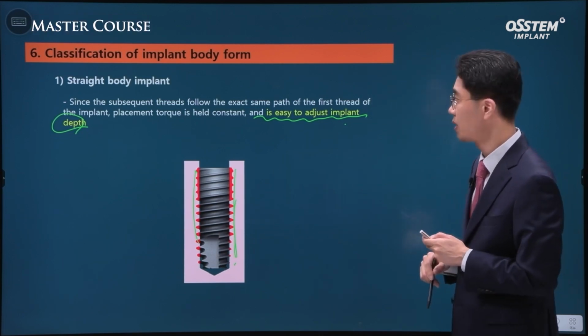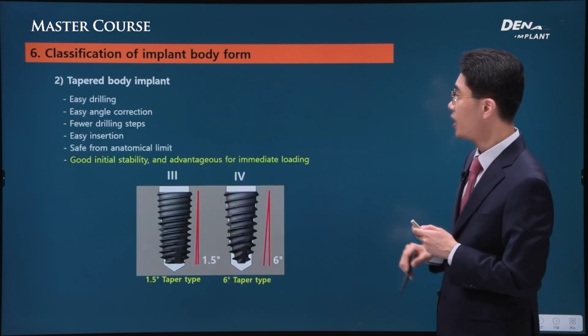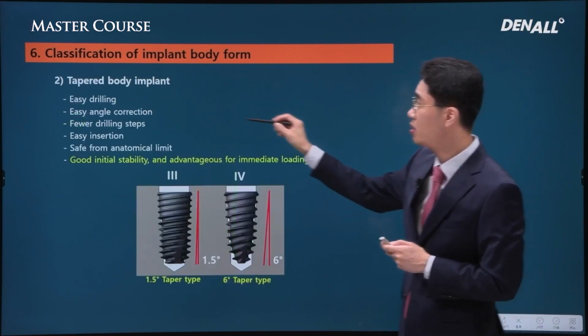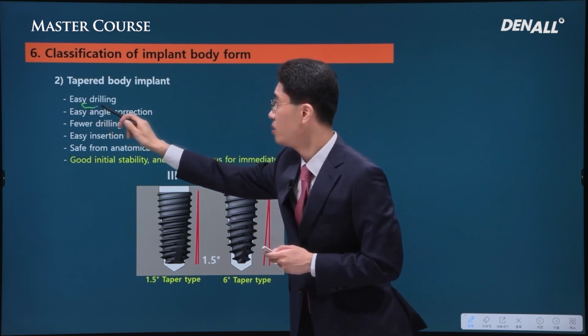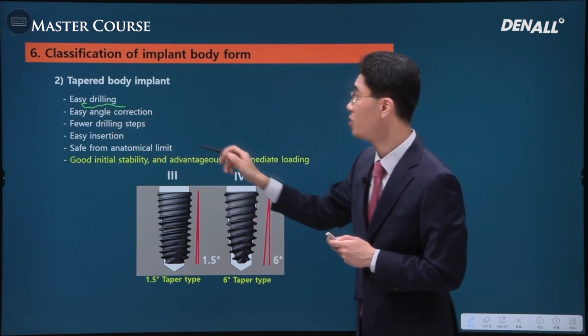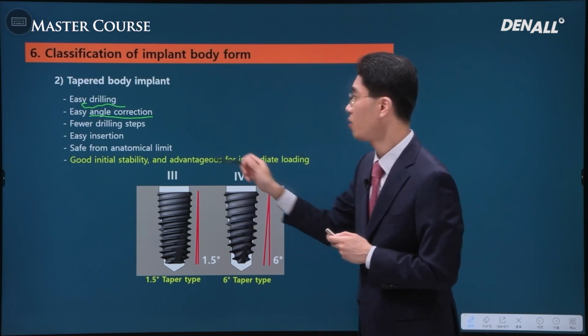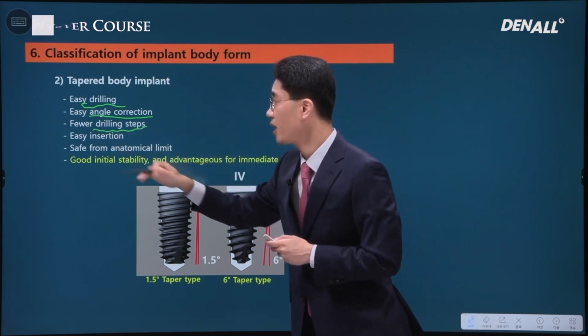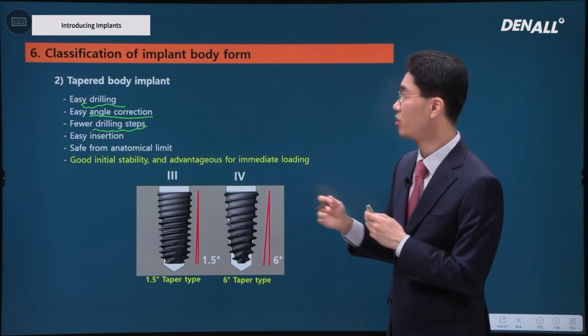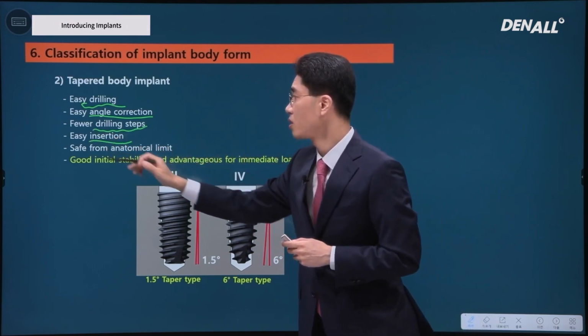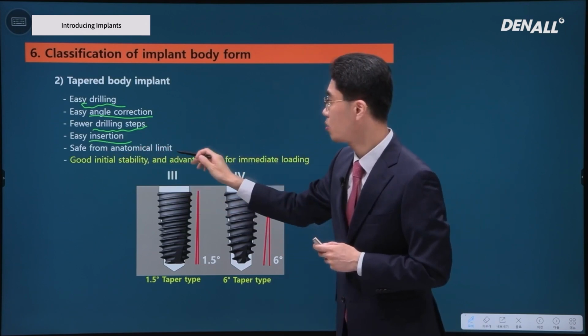In the case of tapered implant, compared with a straight type, it's easier to drill and it's easier to do angle correction, and drilling steps are fewer. It can be inserted very easily and it is safe from anatomical limit.